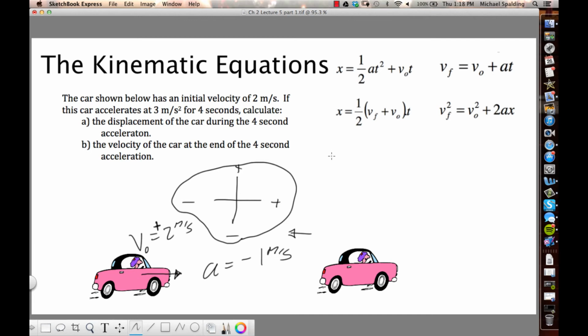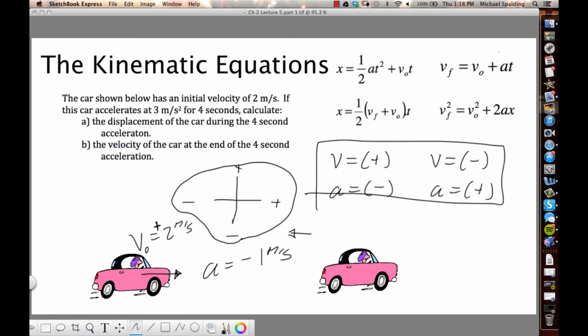One thing I'll mention now, and we'll look at examples later: whenever your velocity and acceleration have opposite signs, for example velocity plus and acceleration minus, or velocity minus and acceleration plus, what's the object doing? Slowing down.